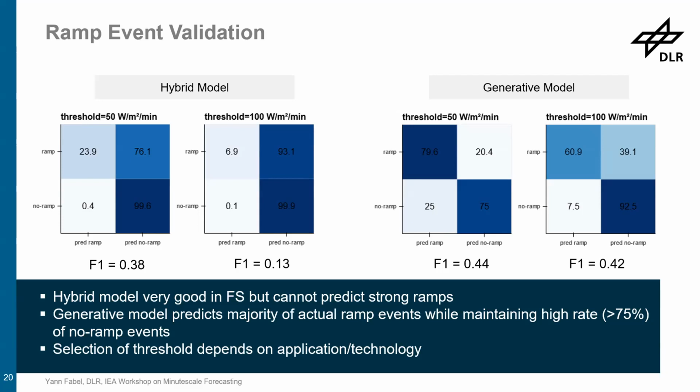I just want to highlight here again that the selection of threshold is a bit arbitrary, so it depends really on the application and the technology. But we chose this to show that we are actually capable of detecting ramps independent of the threshold. We're getting better, and this is also seen in the F1 score.